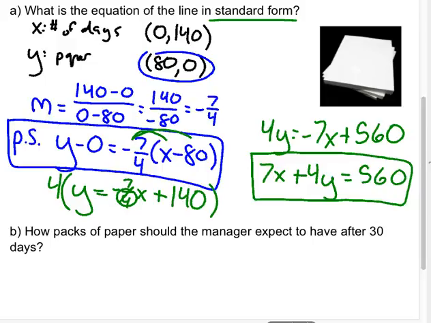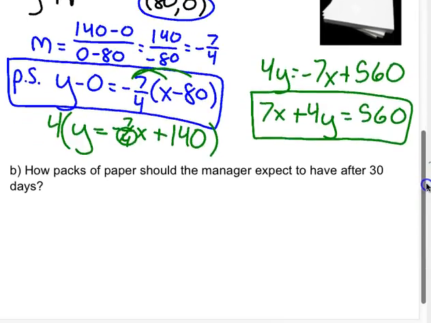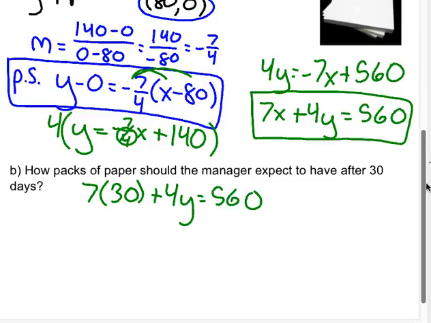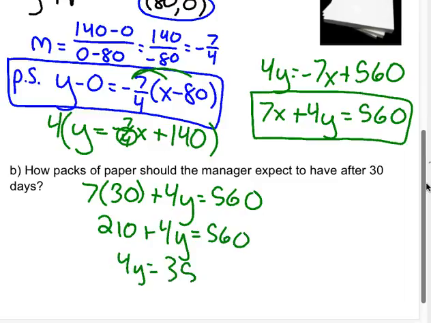Okay? And how many packs of paper should the manager expect to have after 30 days? Well, 30 days would be having x of 30. So I can plug that in, and now I can solve this. So 210 plus 4y equals 560. Subtract the 210.